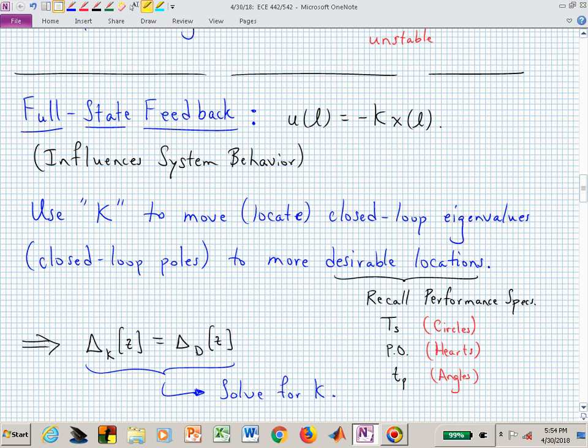The other polynomial contains the unknown coefficients in our full state feedback gain matrix K. If we had a fifth order system, we would have K sub 1, K sub 2, K sub 3, K sub 4, and K sub 5. We would need to solve for all 5 of those consistent with whatever would produce this delta sub d, the desired polynomial.